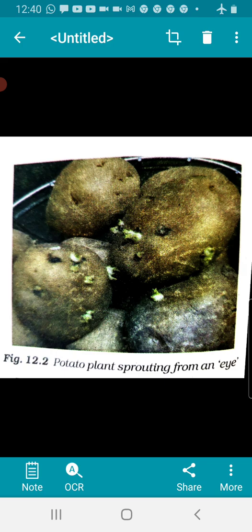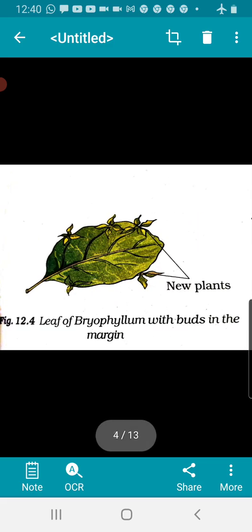Cut the potato into small portions, each with an eye, and bury them in the soil. Water the pieces regularly for a few days and observe their progress. What do you find? Likewise, you can also grow ginger or turmeric. So, from the eye of the potato, the new plant is growing.